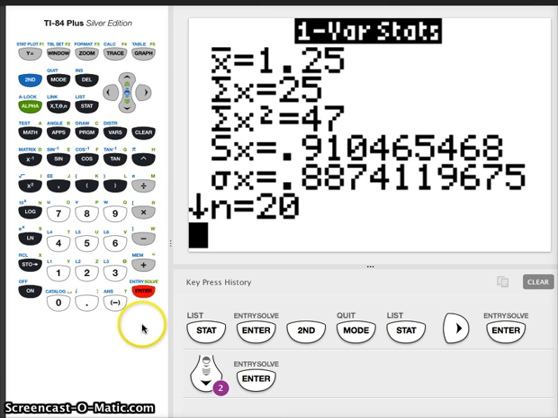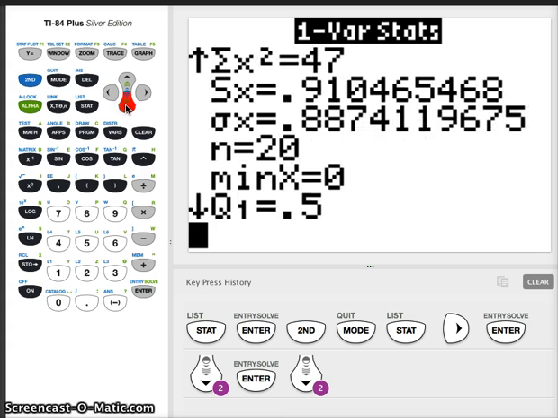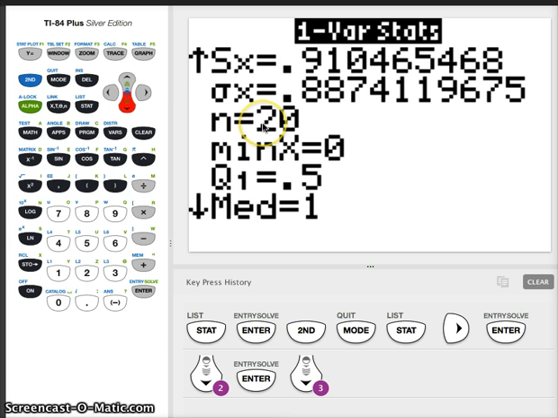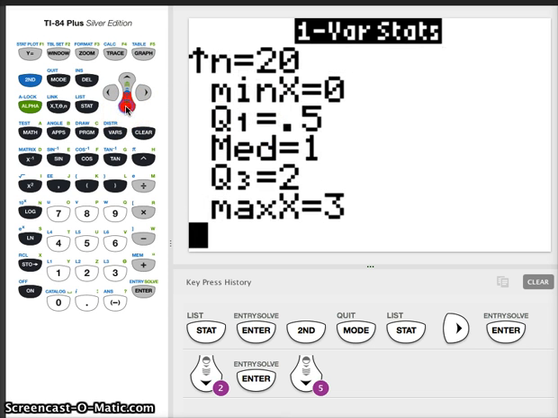Now, if you notice over here real carefully, this is your mean, and then you have these other items here. Here is sample standard deviation and population standard deviation. And then N is the number of values. Q1 is the first quartile. There's the median. Okay, so that's really good information for one variable statistics.